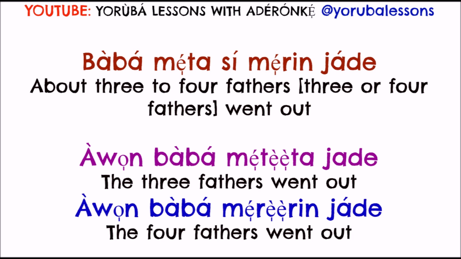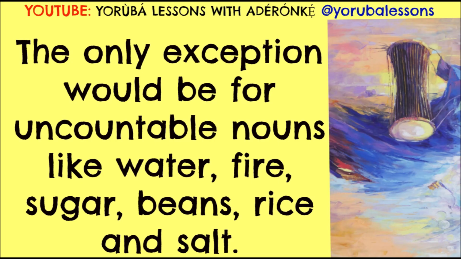So like I said, it's more specific in this example. If you say bàbá mẹ́tẹ̀ẹ̀ta jáde without adding àwọn, it also makes sense as well. To be honest, it all works somehow. It works anyway.